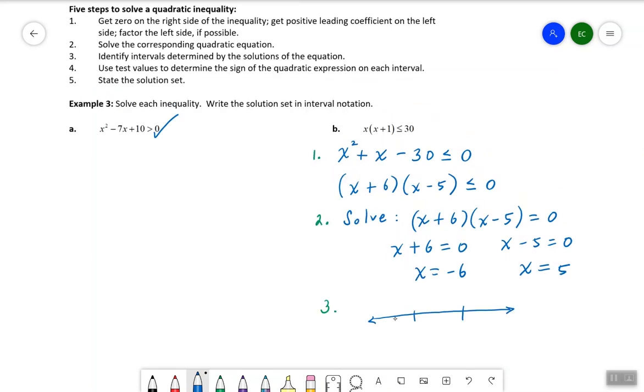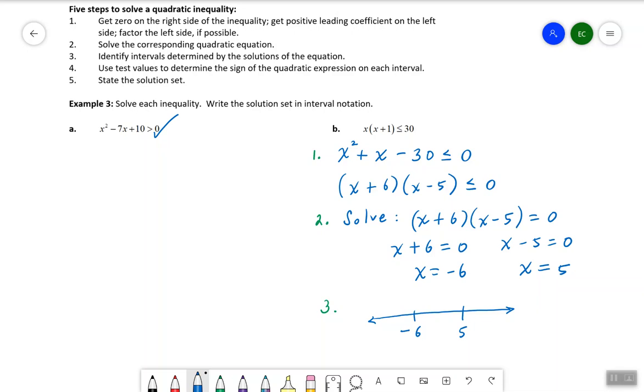So we have two cuts, if you will, in the number line to represent the two solutions to the quadratic equation. The smaller solution for the equation is -6, so it would go over here on the left, and the larger solution is +5, so it would go over to the right.